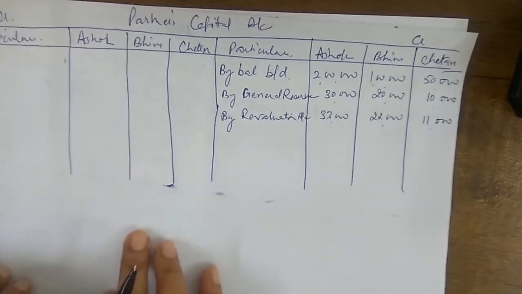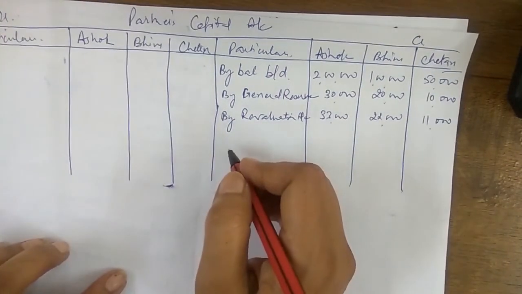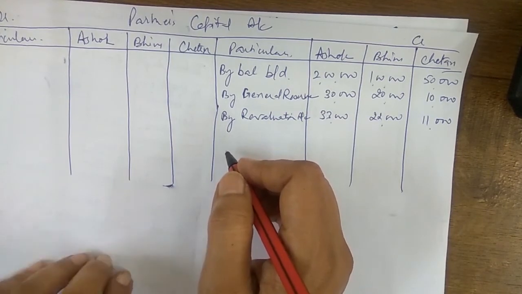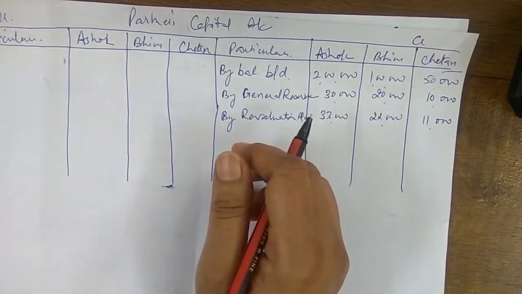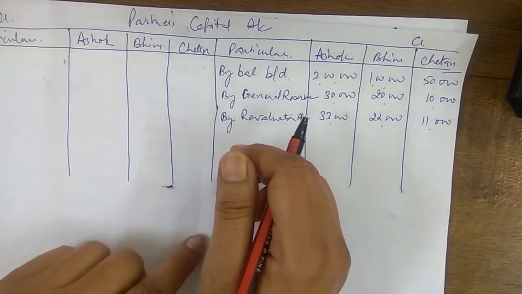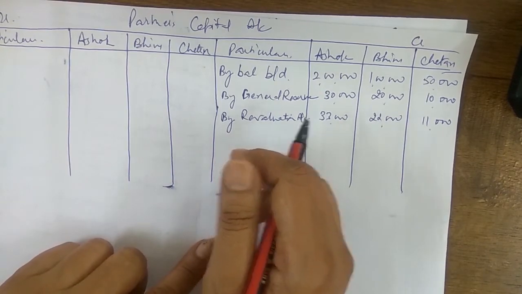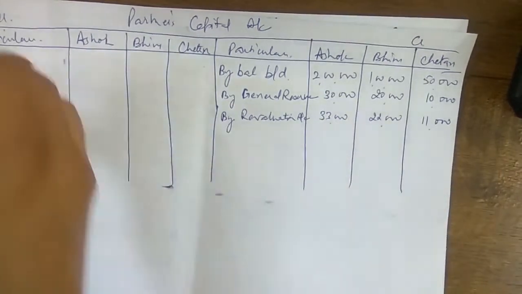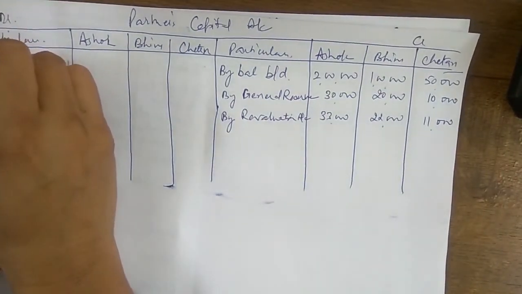Now next we have putting the entry effect of goodwill. So what entry we have in goodwill? हमने क्या डाली थी बच्चे? One partner is gaining partner, other partner is sacrificing partner. So Chetan was gaining and Ashok was sacrificing. So that way we have put the entry Chetan's capital account debited to Ashok capital account.